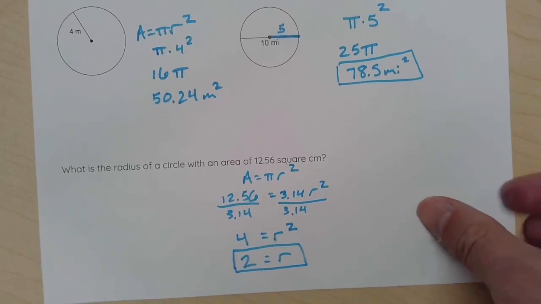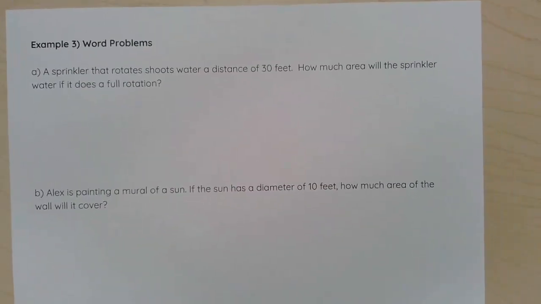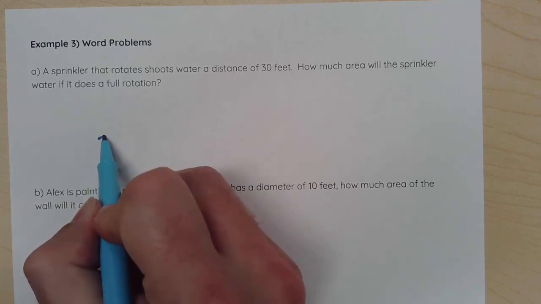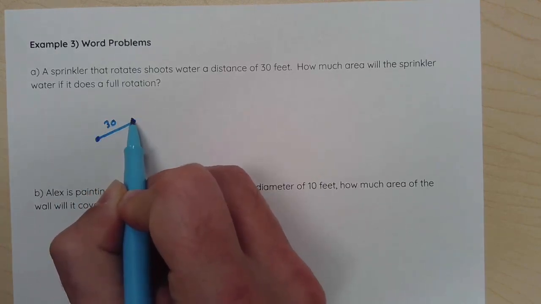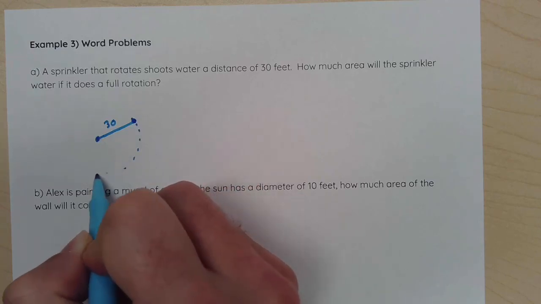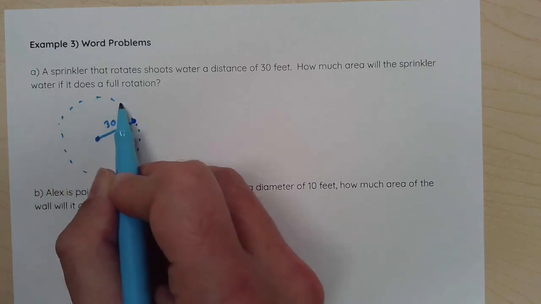We're going to look at 2 word problems in example 3. A sprinkler that rotates shoots water a distance of 30 feet. How much area will the sprinkler water if it does one full rotation? Alright, so I have a sprinkler that shoots water 30 feet, and then it rotates. It's going to cover an area.